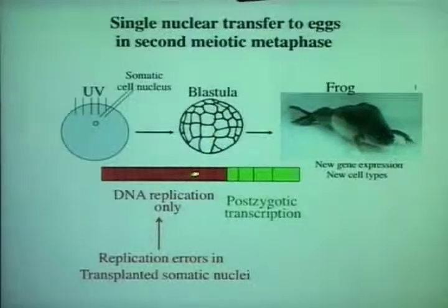At this point, there is no transcription, but replication errors occur at this point, and that makes it very difficult to analyze the mechanism of the transcriptional switching, because it's confused by errors in DNA replication, and in any case, it doesn't even show up until a later stage.